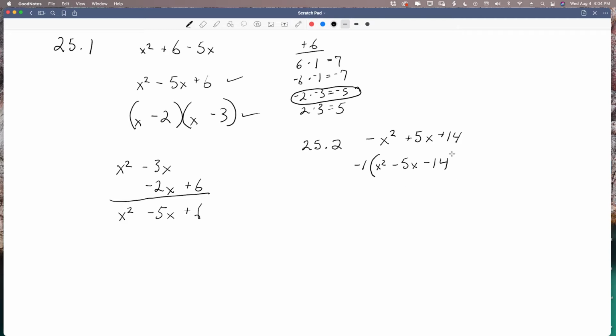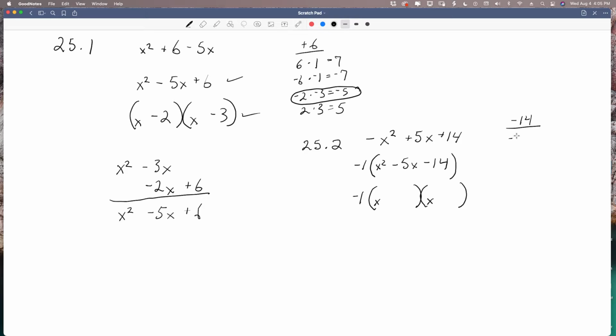Now we can set up our binomial here. So negative 1, and then we'll have one set of parentheses and another set of parentheses. Now we know that x times x is x squared, so we drop that in. And now we need to look at negative 14. What factors of negative 14 give us negative 5?